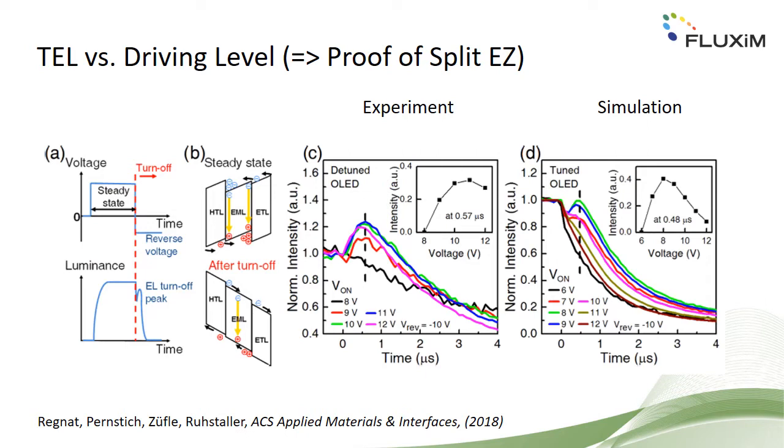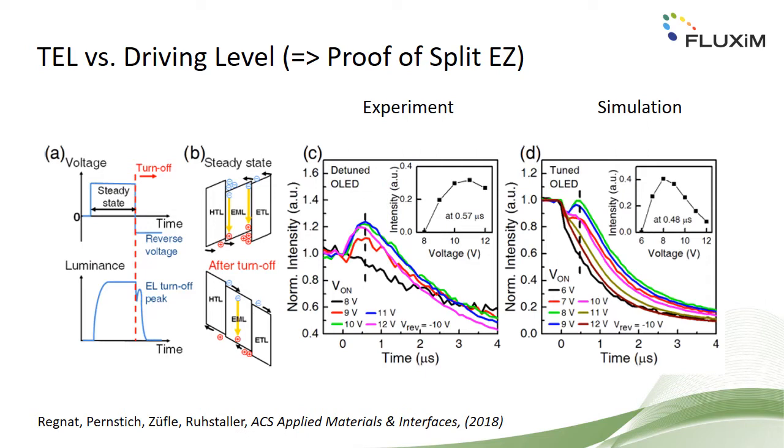This is the origin of the peak, and such an effect only occurs if there are enough accumulated electrons and holes on either side. So in other words, if there's enough emission zone intensity at either side. The observed experimental data is shown in plot C for a range of voltages.